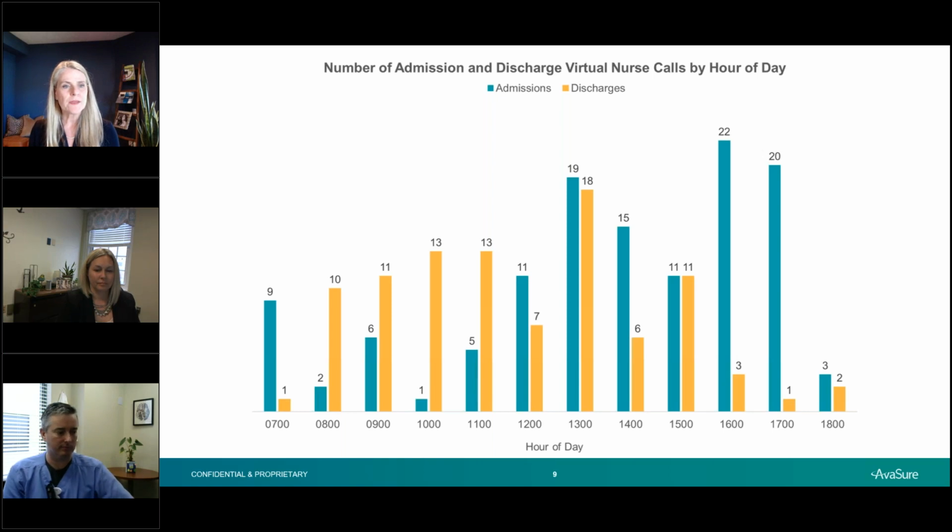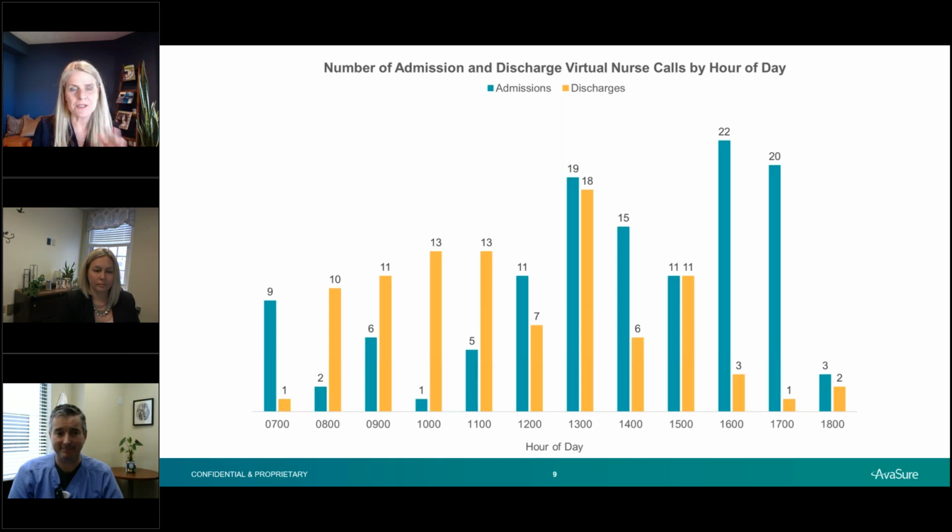And so this will grow, but I kind of like to see the trends of time of day for when discharges happen and when admissions happen throughout the day. And you would expect that those discharges are happening in the morning and early afternoon, and then the admissions come in after that as the beds empty out, which is kind of what we're seeing here from aggregated data from multiple hospitals. And also, I think they've got that little kind of outlier at 7 in the morning, and I think that might be just when the virtual nurse starts.